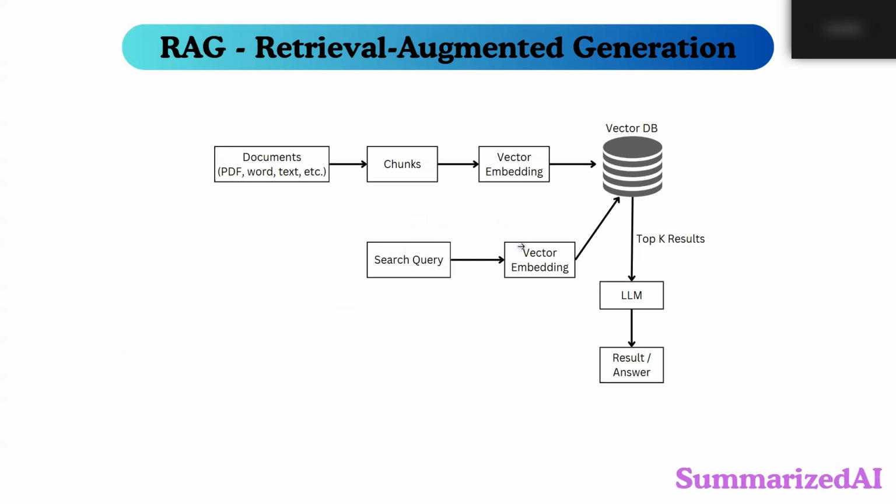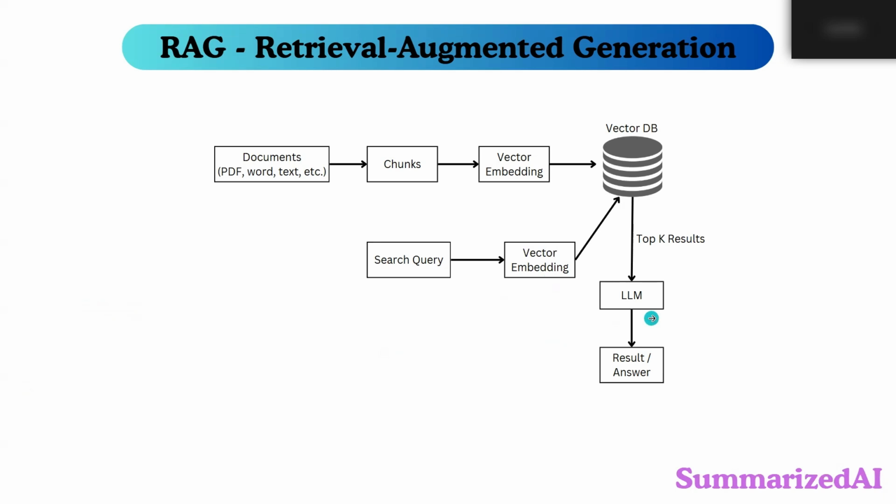Now this query vector is compared against all the stored vectors in the database to find the most similar ones, essentially identifying the chunks of text that are most relevant to the user's question. The database then returns the top k results, which represent the most contextually relevant pieces of information.